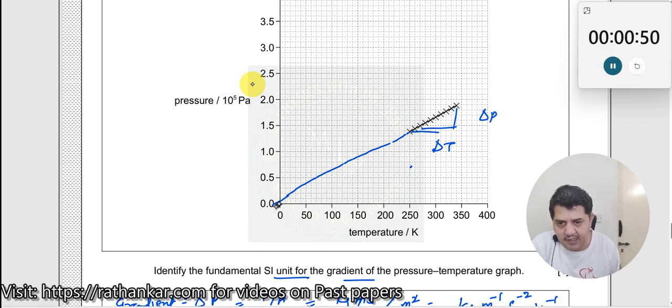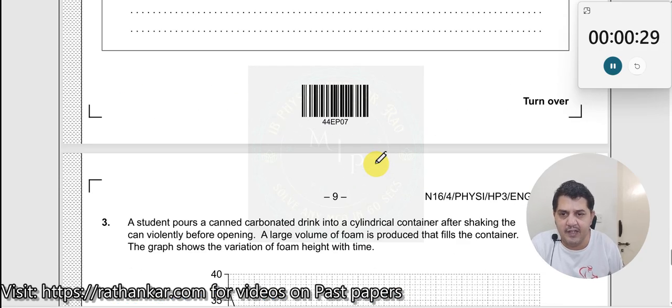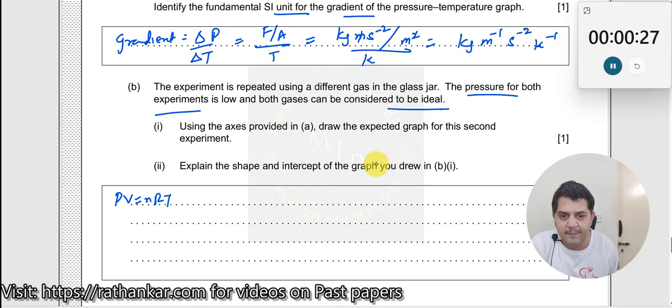In a similar way, I draw a line from the origin, but I need to start only from here, because it starts at 250 Kelvin. So what I can do is write like this. This will be one more graph which tells you that the pressures are lower, and temperatures are increasing with the pressure, like the experiment that he has done, but for a different gas. We have done this also. So now this graph is done.